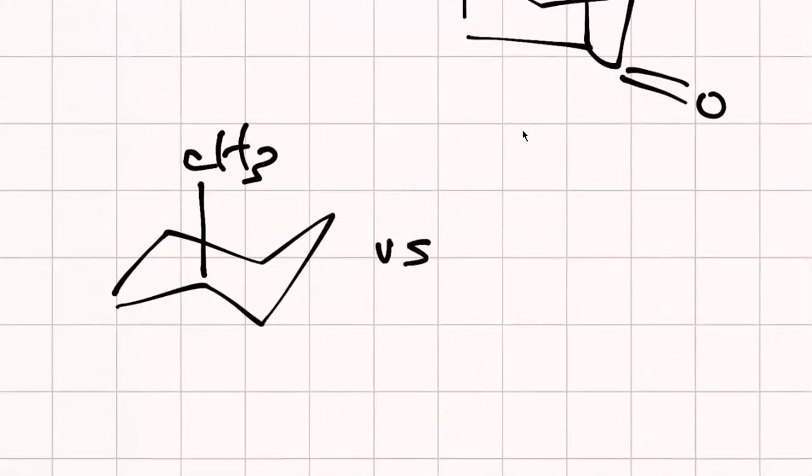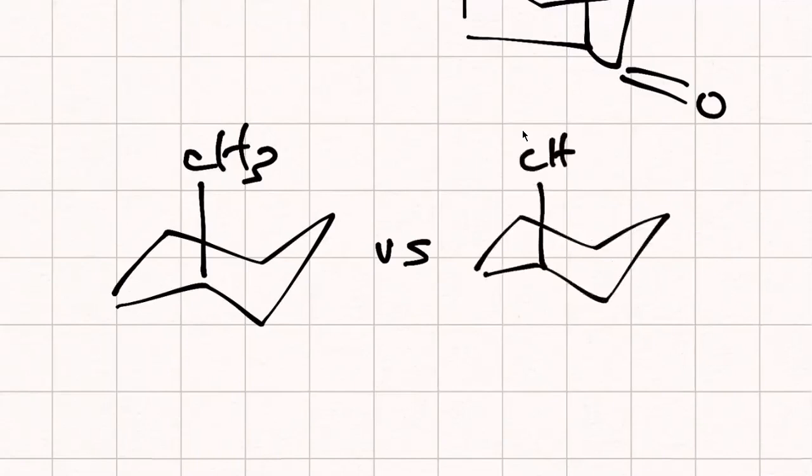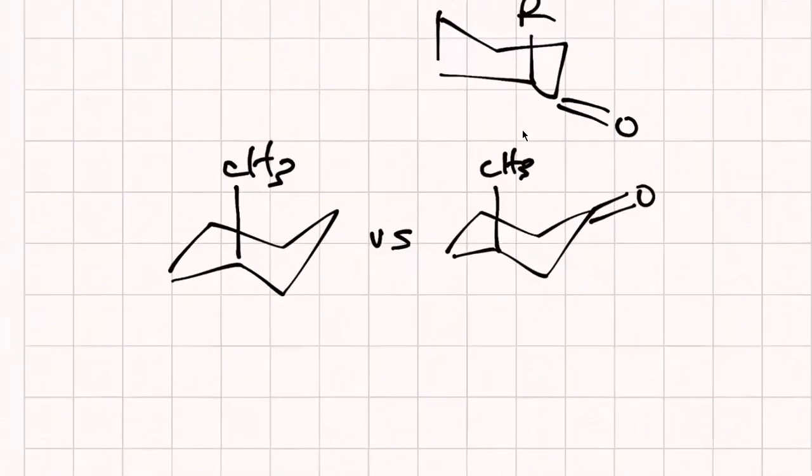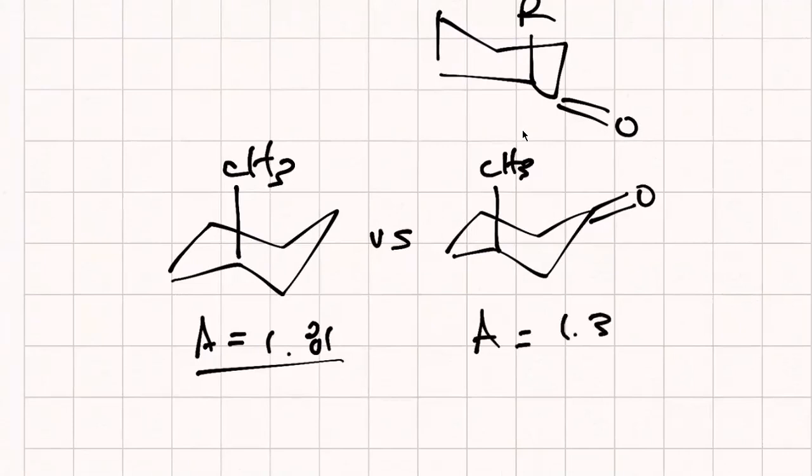And then if I had the same chair with a ketone, the A value for the methyl group on this chair, we already calculated that at 1.81. A here actually drops to 1.3.